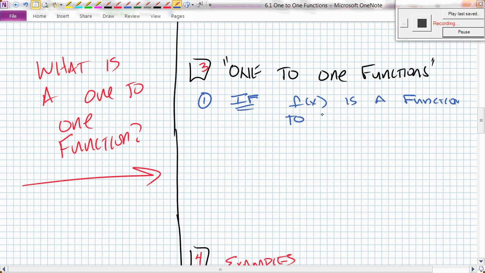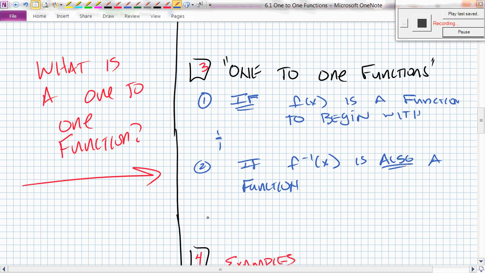to begin with, and step 2, if f inverse of x is also a function, then 3, then f of x is what's known as a one-to-one function.